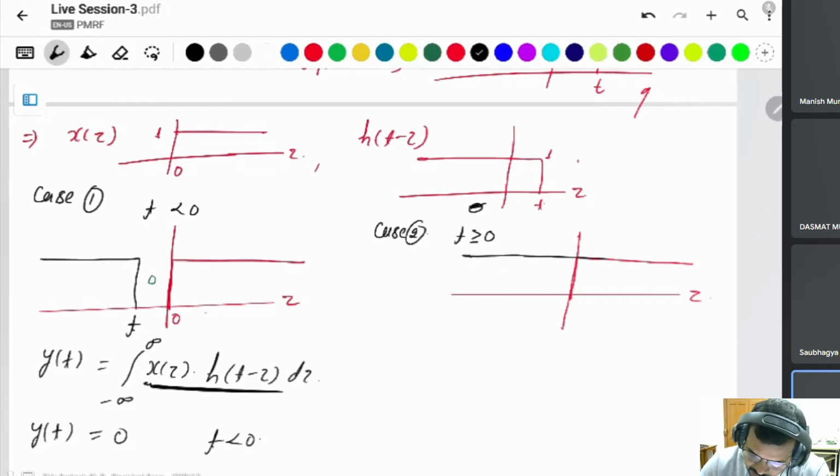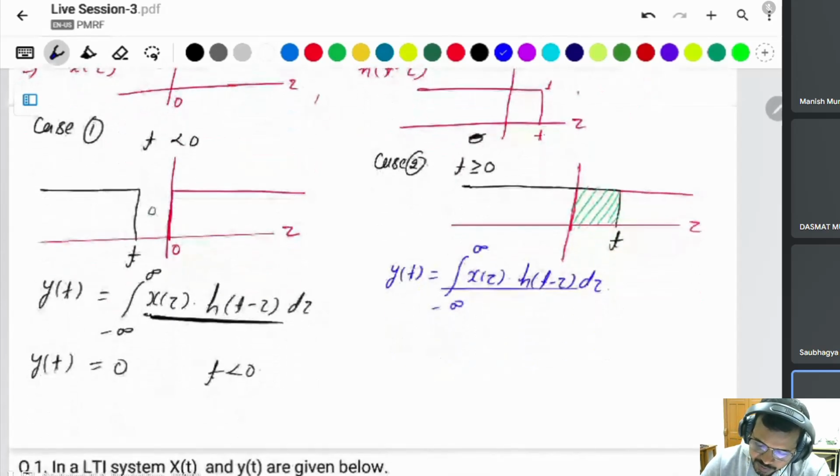Then this looks like that. There is some overlap between them. Then what is y(t)? The integral from minus infinity to infinity of x(τ) h(t − τ) dτ.